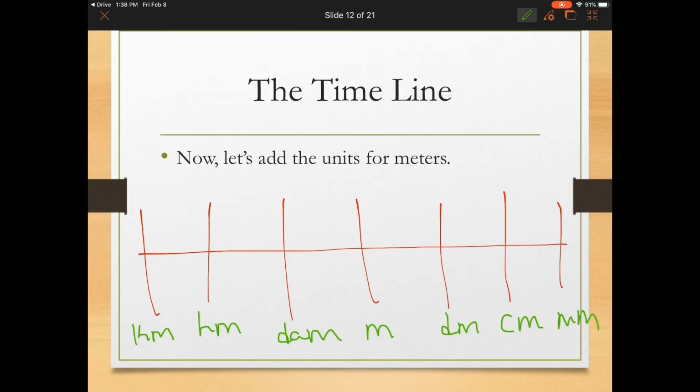So what we did was we took our prefix and put it together with our unit meters to get kilometers, hectometers, decameters, centimeters, decimeters, all of those. So now if I were to give you a conversion between decameters and decimeters, you would know that decameters is on the left of the base unit and decimeters is on the right of the base unit.